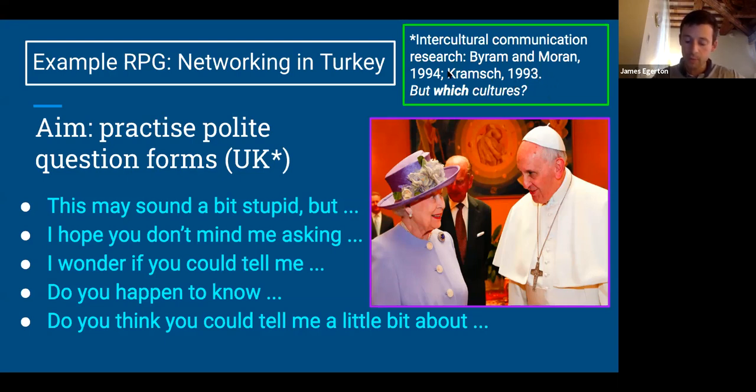Byram and Moran say there is an indivisibility of linguistic and cultural learning. So I can't just teach the words, I need to teach how the words are used in different cultures, not just in the UK. If I use the same language in London and in New York, I'll get very different results. So we have to also teach how the language is used.